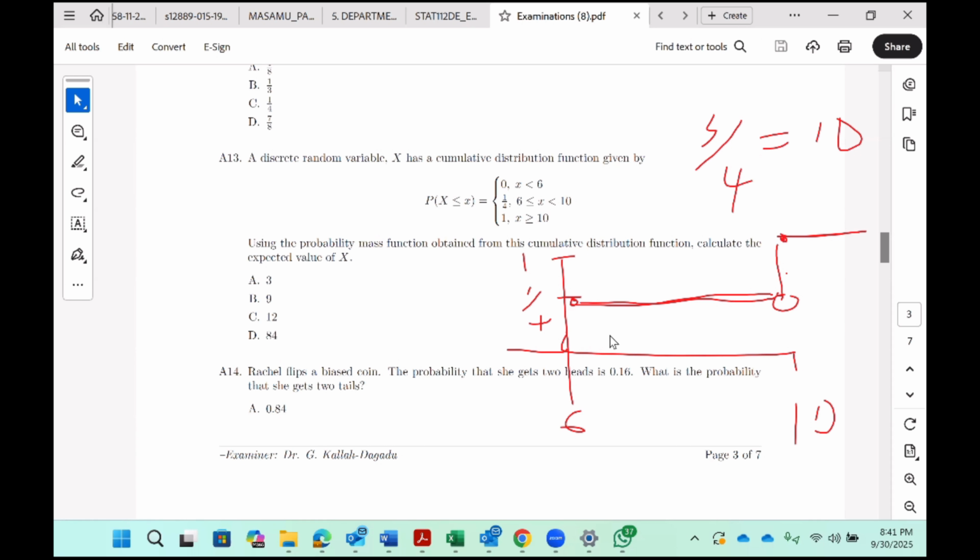So from here, if you add the probabilities from 6, 7, 8, that gives you these values. So you see from here, you get the same probability, that cumulative is the same.